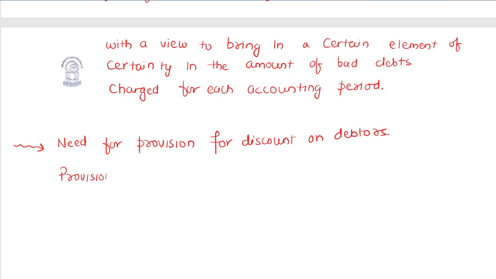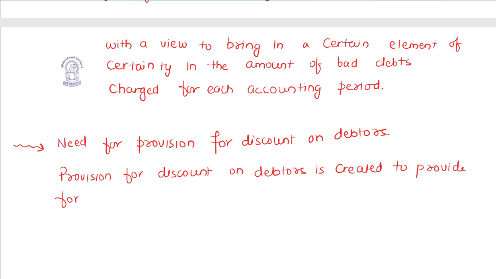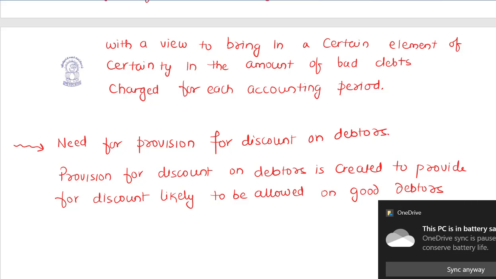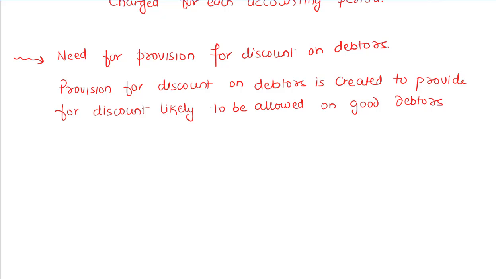Provision for discount on debtors is created to provide for discount likely to be allowed on good debtors.